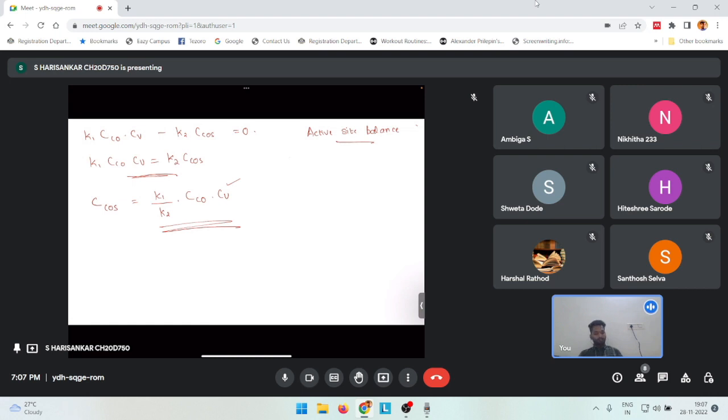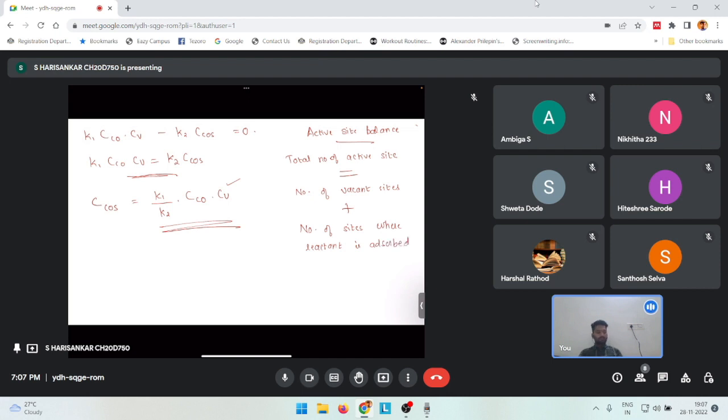This means basically your total number of active sites will be equal to the number of vacant sites plus the number of sites where your reactant or product is adsorbed. Reactant is adsorbed.